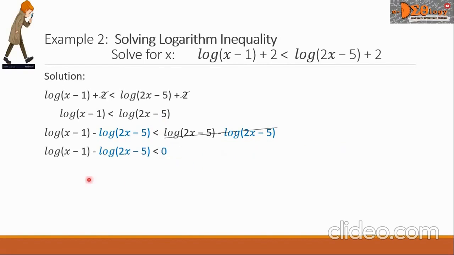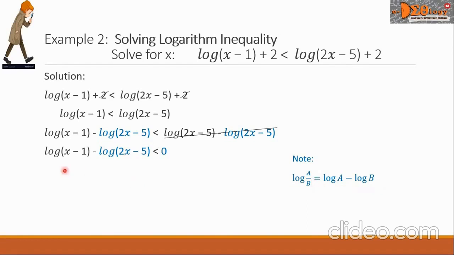Next is, let us simplify our left side where we have two logarithms. Let us remember that the log of a quotient a over b equals log of a minus log of b. In the same way, we can interchange this idea that log a minus log b is equal to the log of the quotient a over b.